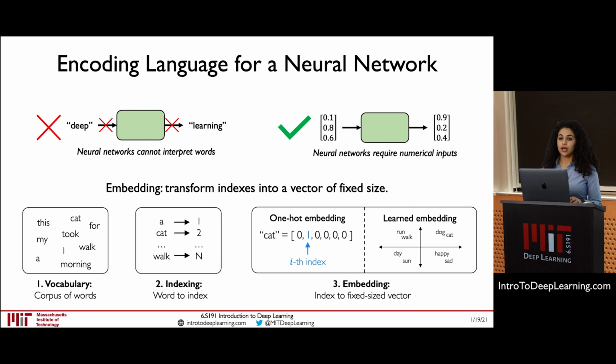And an example that demonstrates this concept is shown here. All right, so these are two distinct ways in which we can encode language data and transform language data into a vector representation that's going to be suitable for input to a neural network.